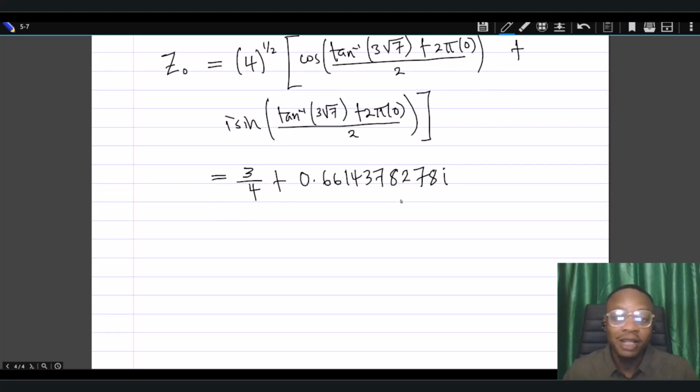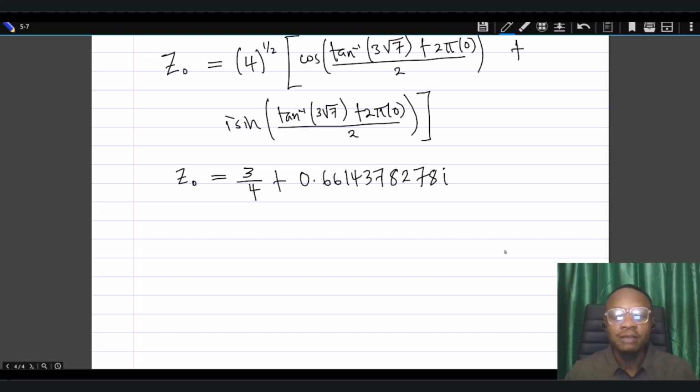You might want to write out the first three digits, but I don't feel comfortable with that because of the approximation. It may have also been approximated because that's how far the calculator can display, but it's okay. We just leave it as that, as this is our z naught.